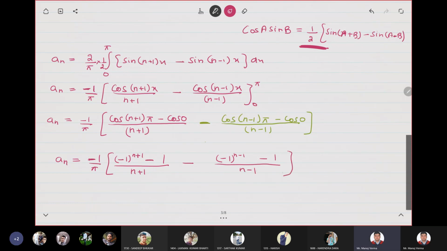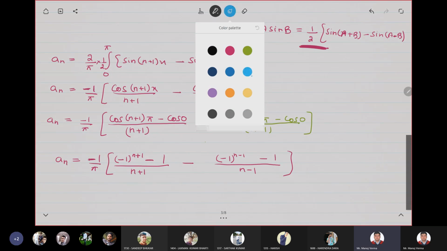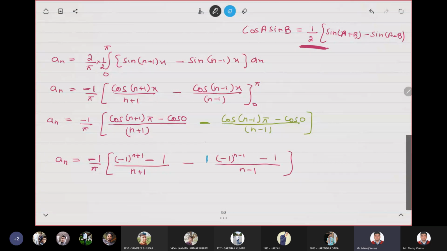But in the second expression, I am multiplying this term by 1 square, so that it will become minus 1 raised to the power n plus 1.